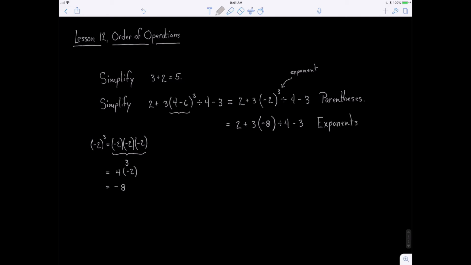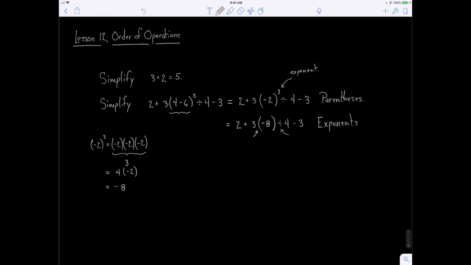All right, the next one that we have to do is look at this. Right in here, I have multiplication and I have division. Whoa. So the question then is, where do you begin on that?